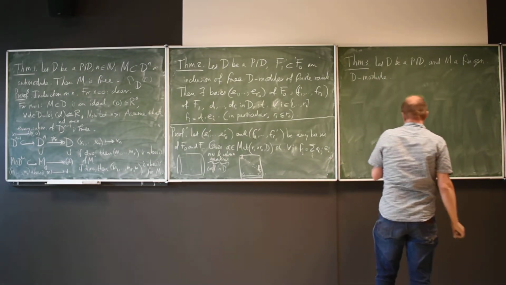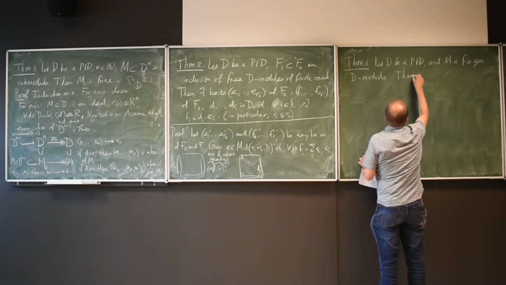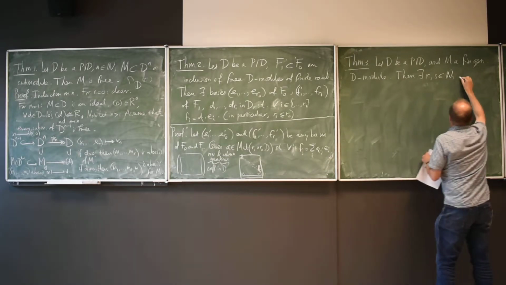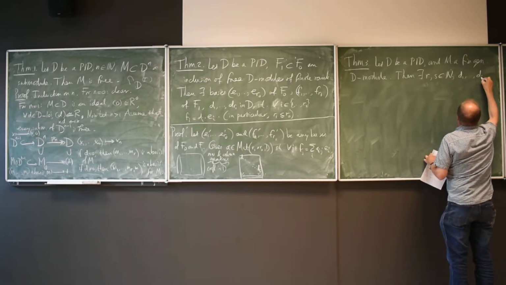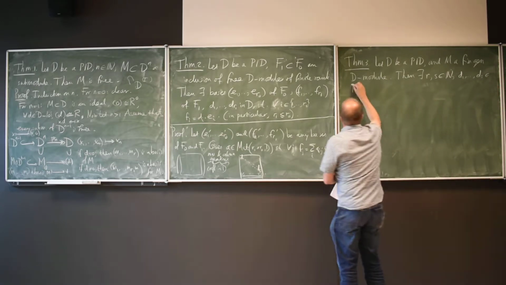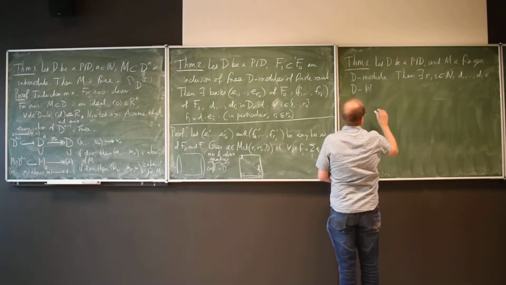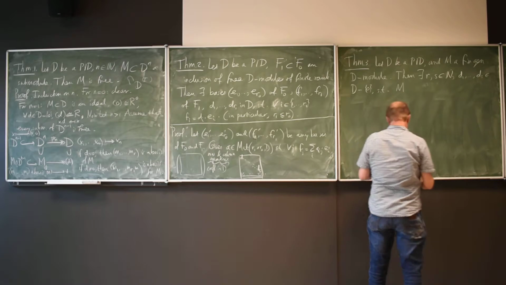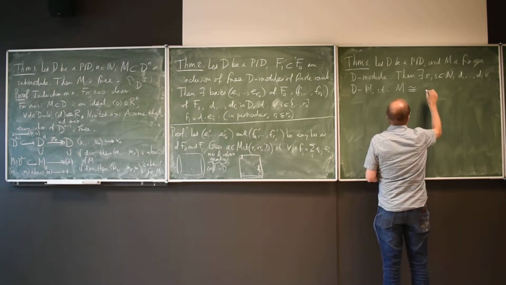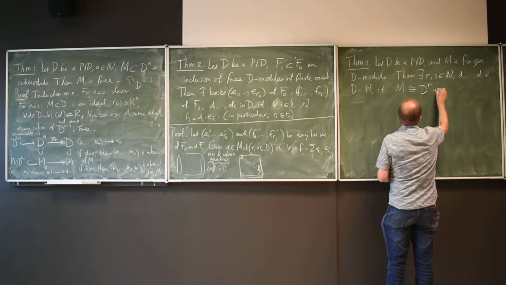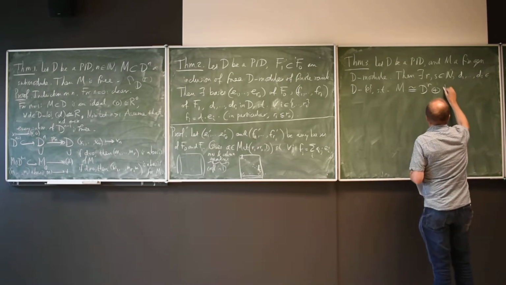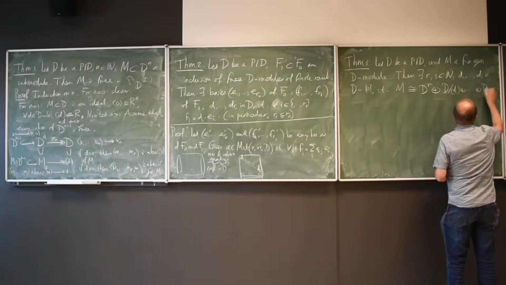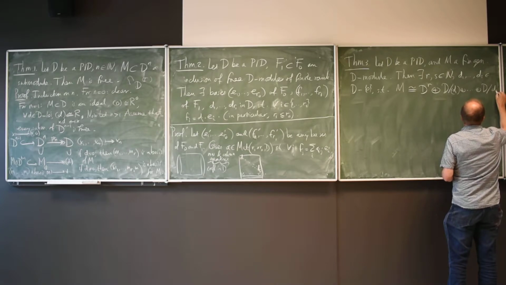Then there exists an R and an S in the natural numbers, and there exist D1 up to DS in D with 0 removed, such that this M is isomorphic to D to the R, direct sum, and then I get D modulo the ideal generated by D1, up to D modulo the ideal generated by DS.